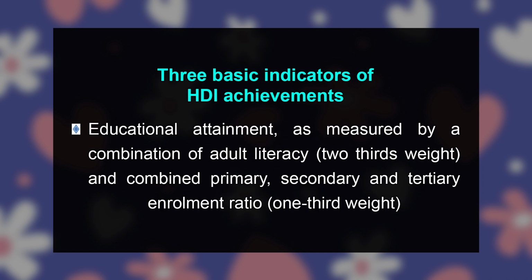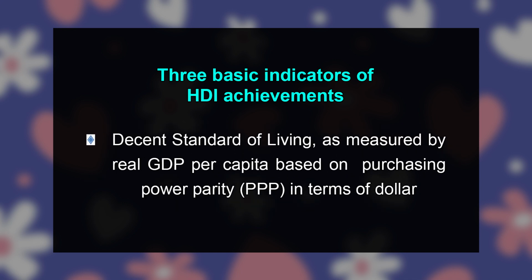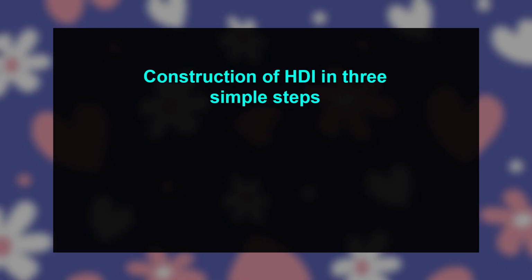Second important indicator is educational attainment, as measured by a combination of adult literacy, to which 2/3 weight is given, and combined primary, secondary and tertiary enrollment ratio, to which 1/3 weight is given. Third important indicator is decent standard of living, as measured by real GDP per capita based on purchasing power parity in terms of dollars.